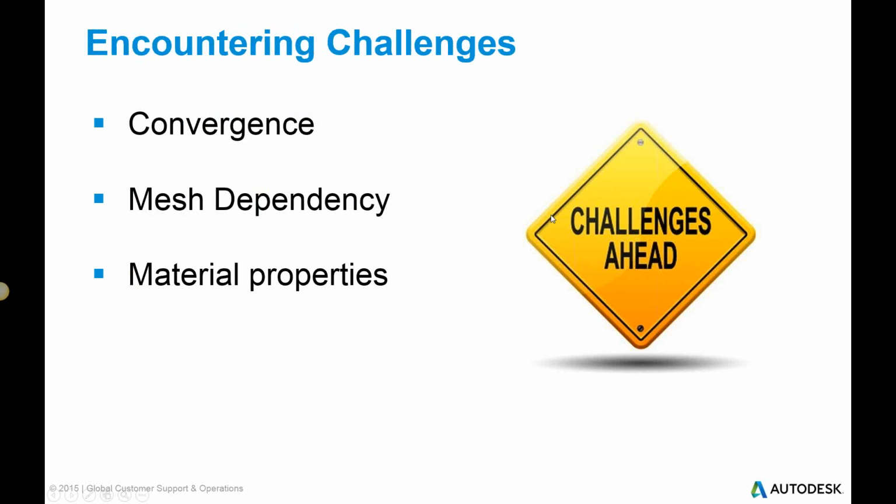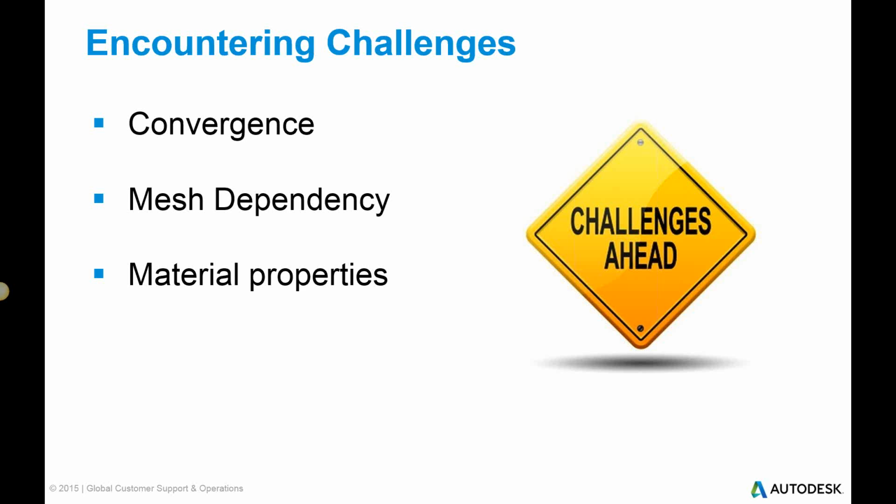All right. When doing cohesive type analyses, we're going to encounter some challenges along the way. When doing an implicit analysis, there are some real obstacles that we have to overcome. One of these is convergence. The softening response that we're looking to capture at both the material and structural levels is going to cause some severe convergence difficulties.